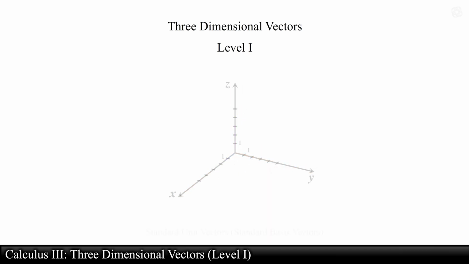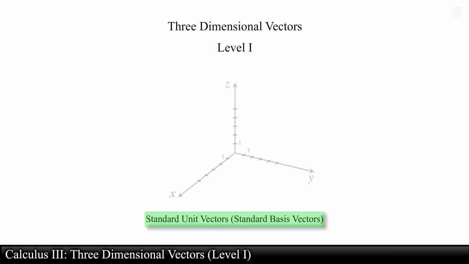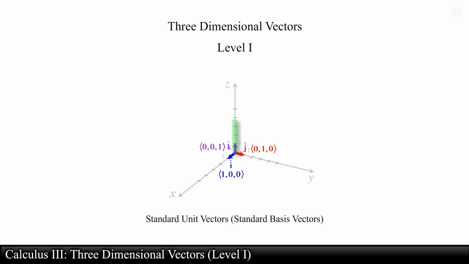Just like two-dimensional vectors can be represented by using the standard unit vectors, also known as standard basis vectors, we can also use the same notation to denote vectors in space. In this case, we will use the unit vectors i hat, j hat, and the unit vector k hat, which represents the unit vector that points along the z-axis.